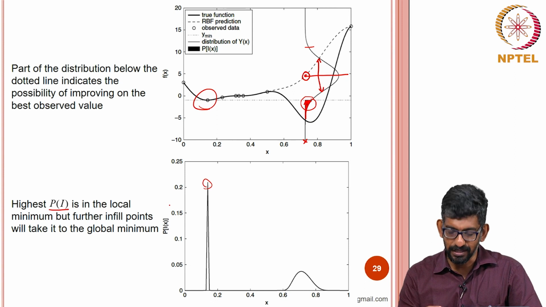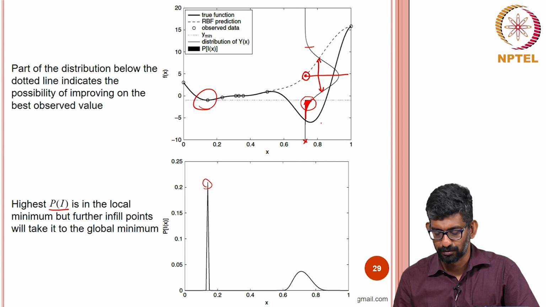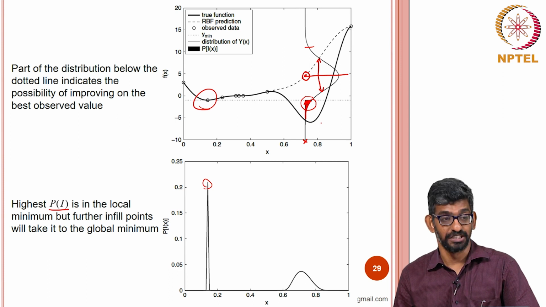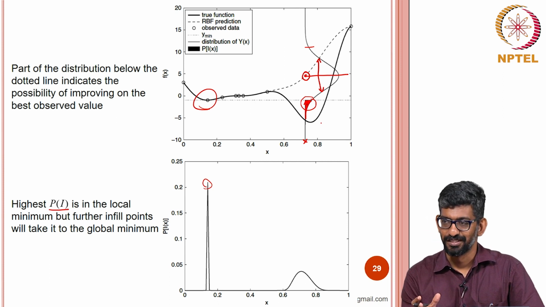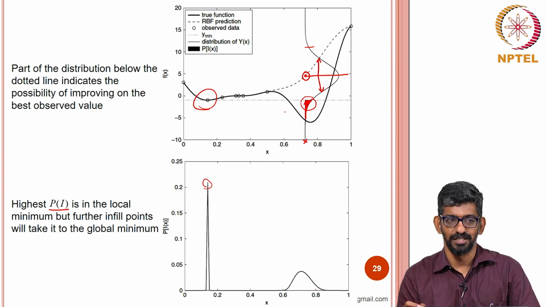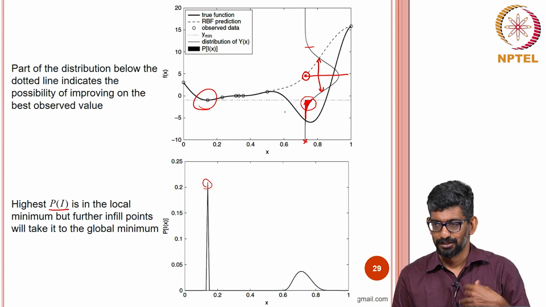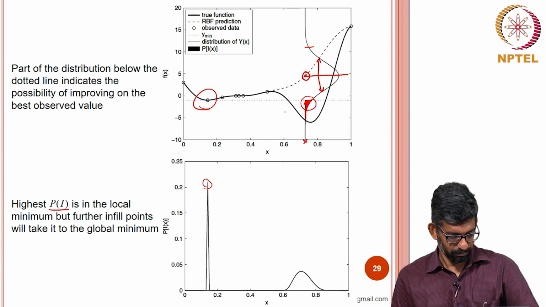So, what he says is I could run prediction variance across, and then I can also look at the probability of improvement, and in this particular location the prediction variance is large and the probability of improvement is also large. So, that could be one location, yeah.